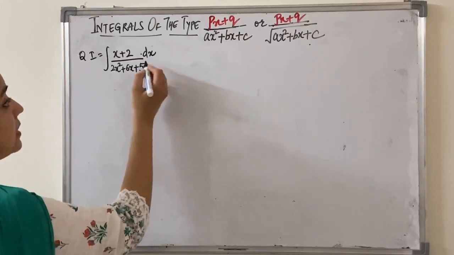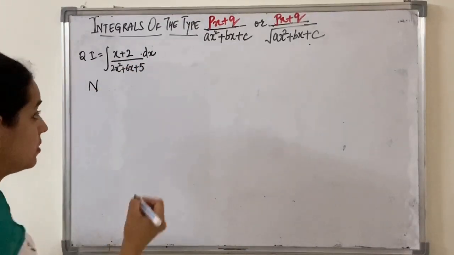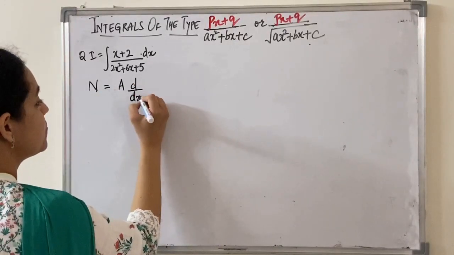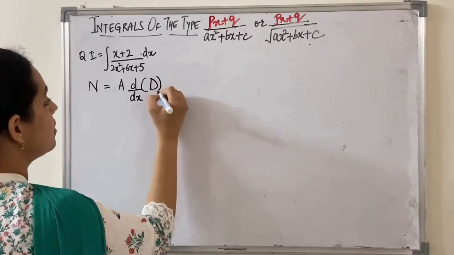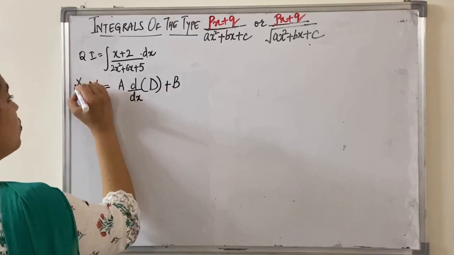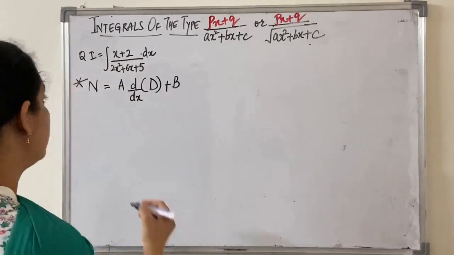So in these questions, what we will always do, we will write the numerator as a times the derivative with respect to x of the denominator plus the constant b. We will always follow this procedure to write the numerator as the derivative of the denominator.